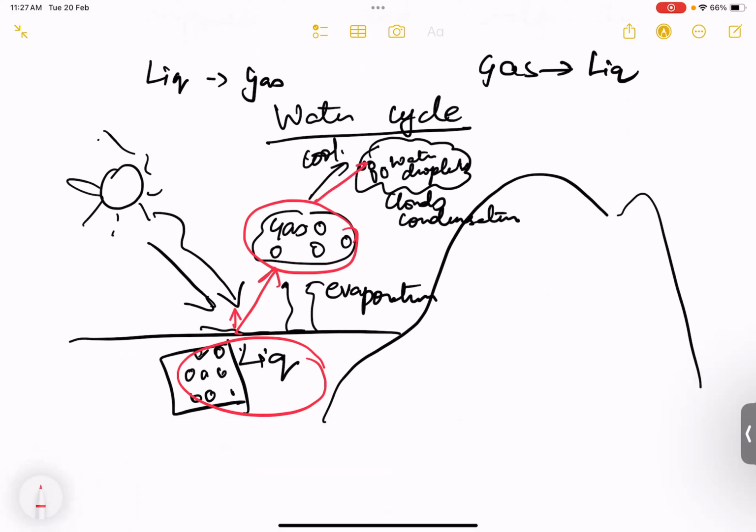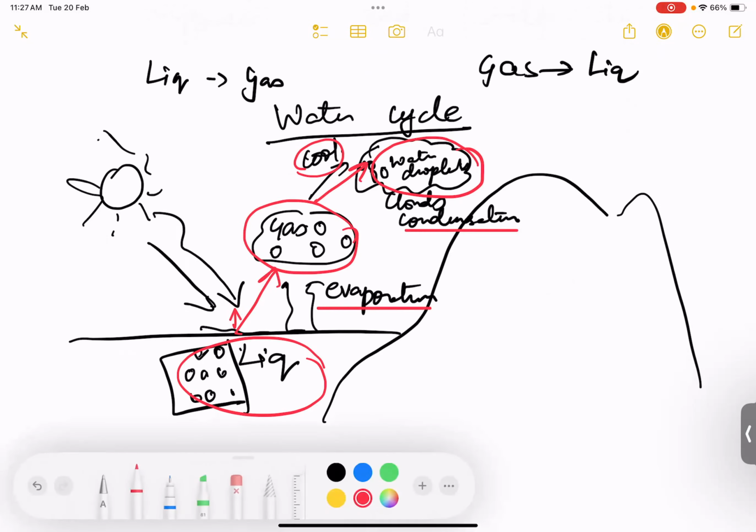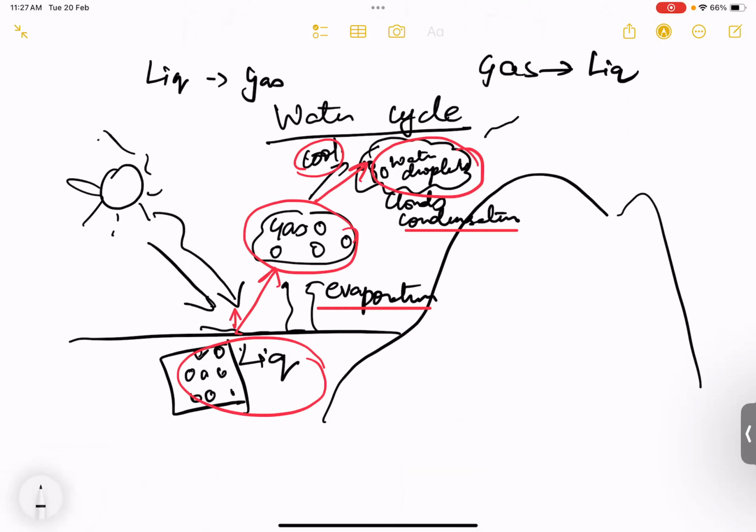Gas changes into liquid in the presence of cool air, and this is condensation, this is evaporation. After this, the cloud is going to travel, and when it gets too heavy, it drops down in the form of rain or snow, depending upon the temperature where the cloud is going to burst. So the cloud becomes heavy, and this is known as precipitation.